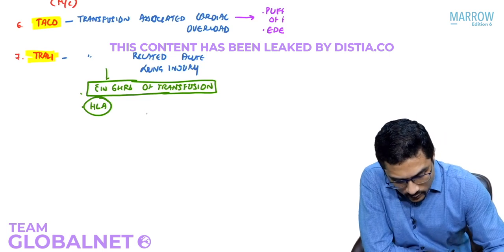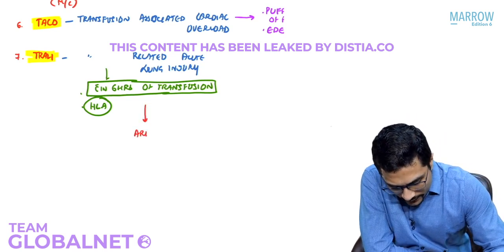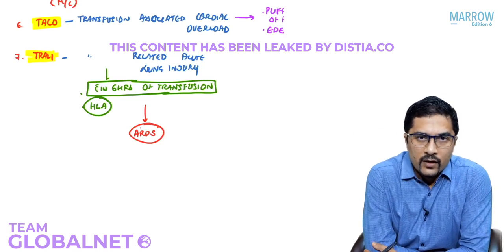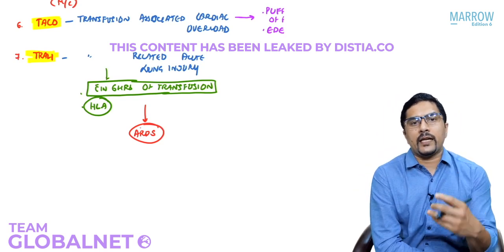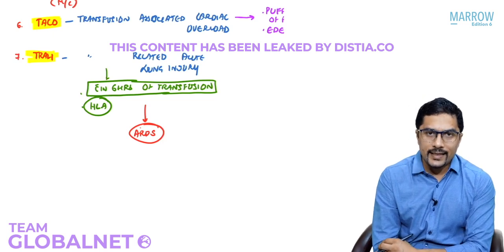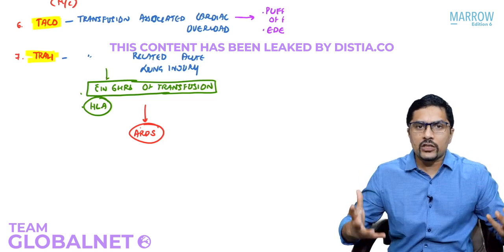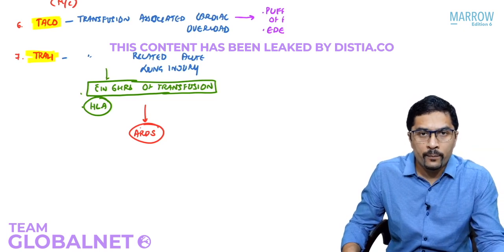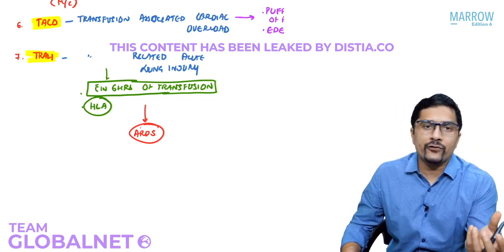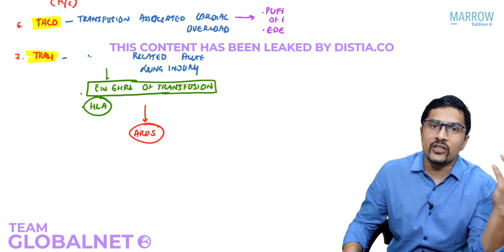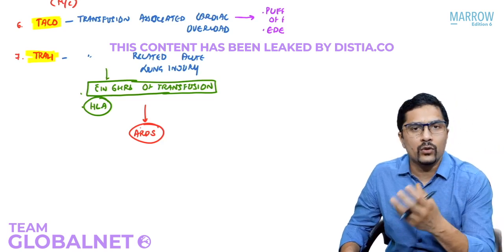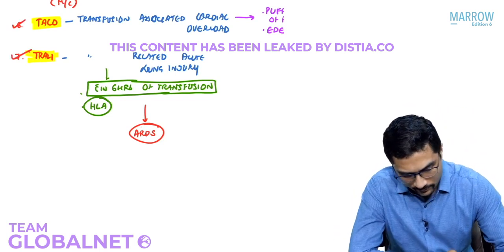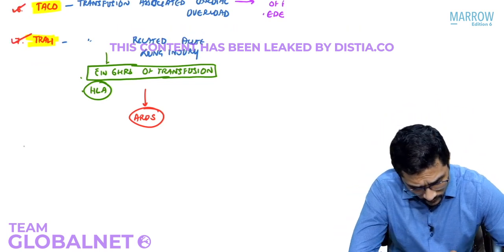This is going to give rise to a picture of ARDS, acute respiratory distress syndrome, right? You've read acute respiratory distress syndrome in medicine in great detail. So you'll have bilateral chest infiltrates, tachypnea, and low saturation. But the good thing is that if TRALI is detected early and treated adequately, then it has a good recovery rate as well. So these two terms you need to remember, TACO and TRALI.